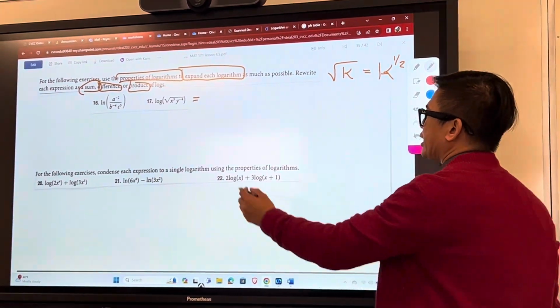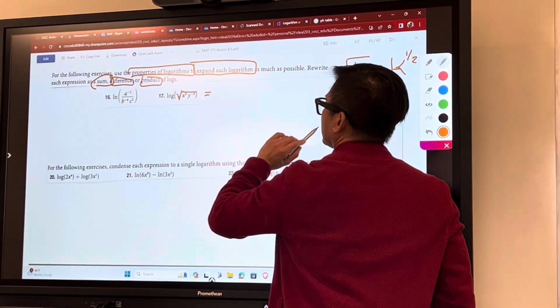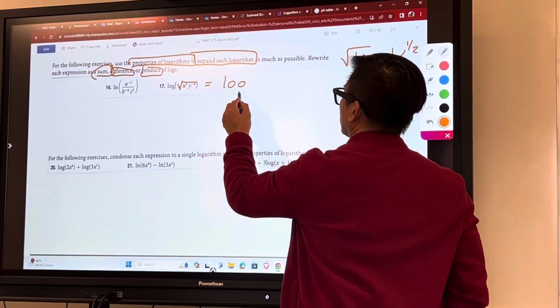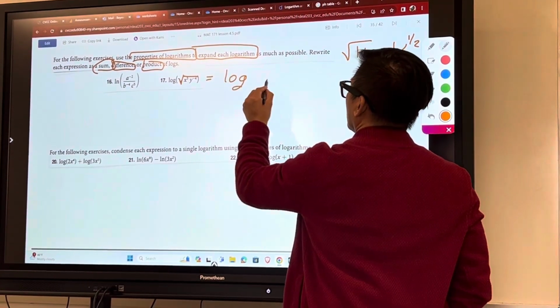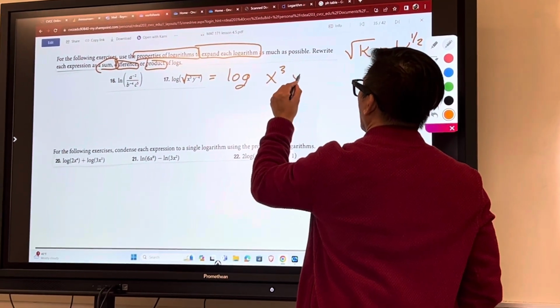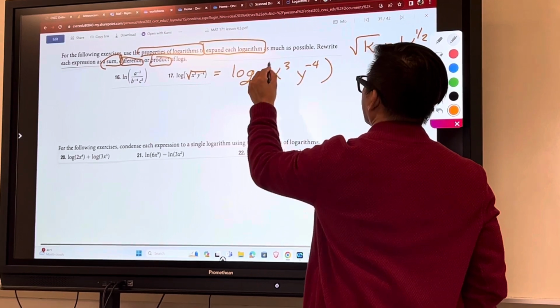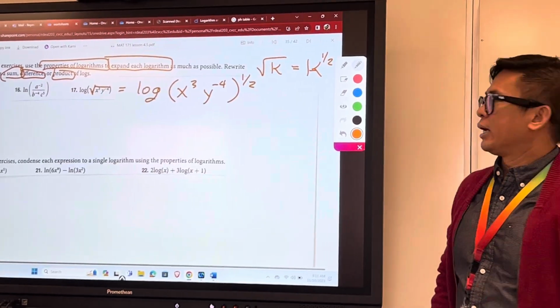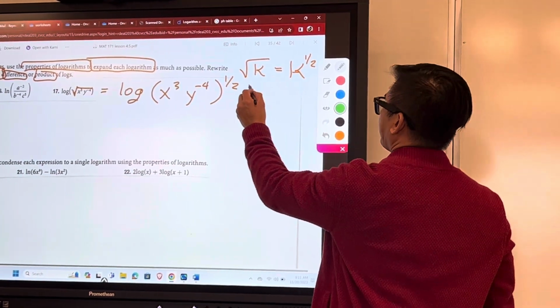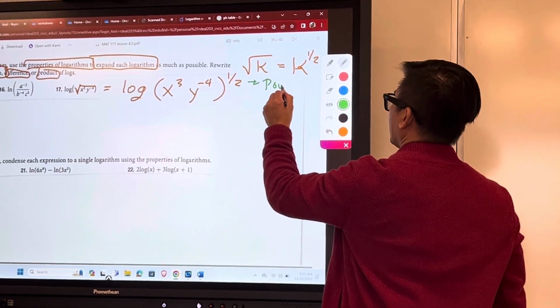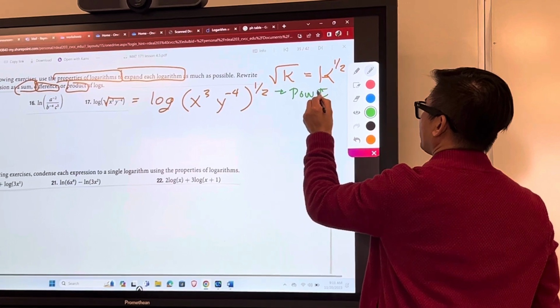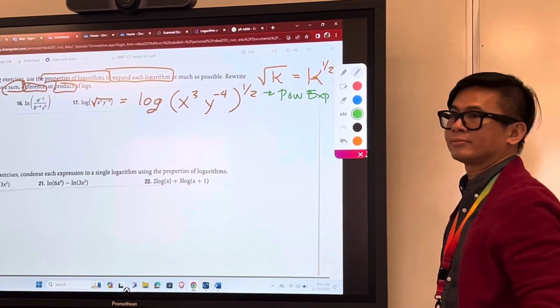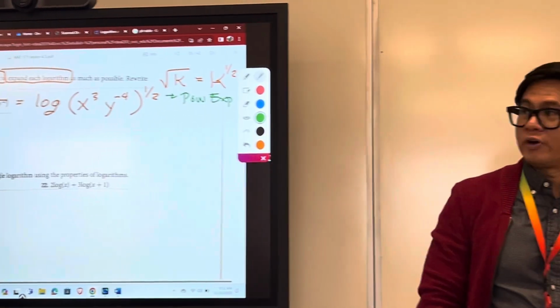So with that being said, if you see that square root, we can write it as the common log of x cubed y negative 4 raised to the 1/2 power. Once again, that is what we call our power rule for exponentials.